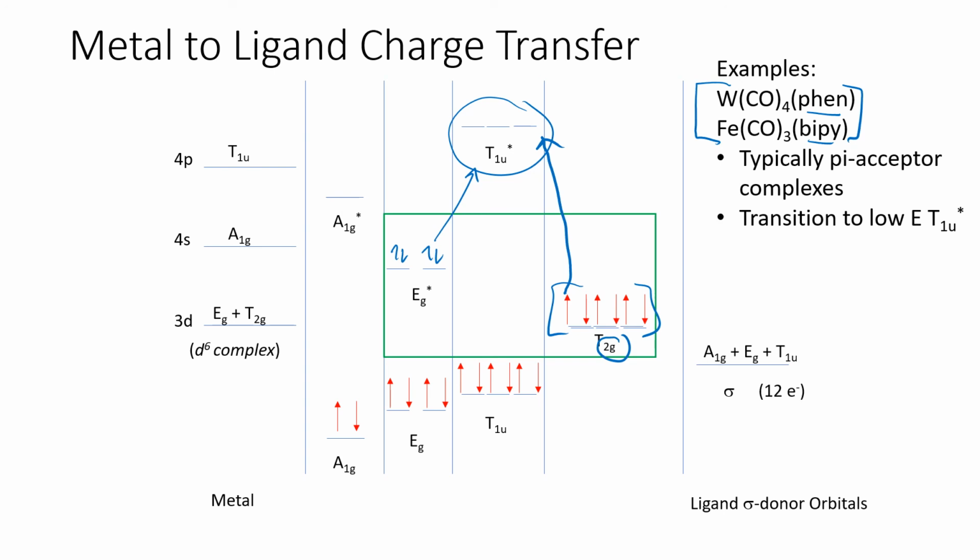It generates a new T2G orbital and new T1U orbitals, and they're close in energy to each other. And so it's typically a transition from something like a T2G or this EG into the low-lying T1U. These two arrows that I drew are appropriate, just depending on the electron count.